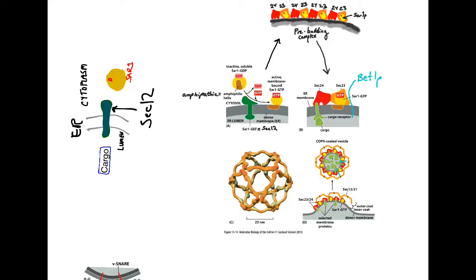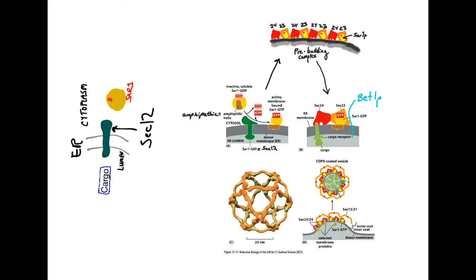So this is the Sec13-31 scaffold that serves as the outer layer of the COP2 coat. And this is the thing that leaves the ER, pinches off in such a way that you end up with a coated vesicle that can then migrate towards the Golgi as it uncoats, as these things always do.